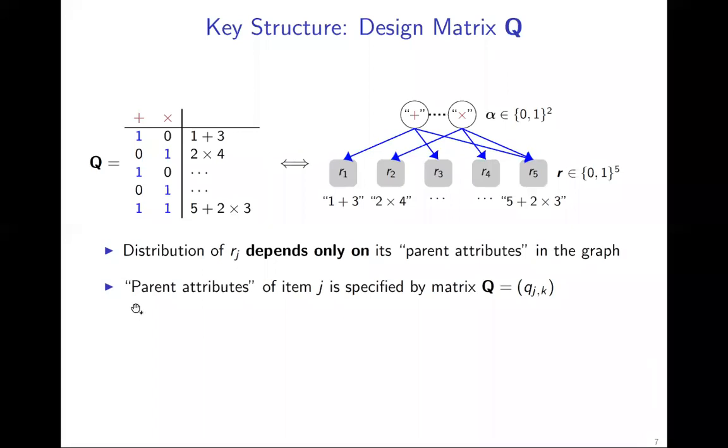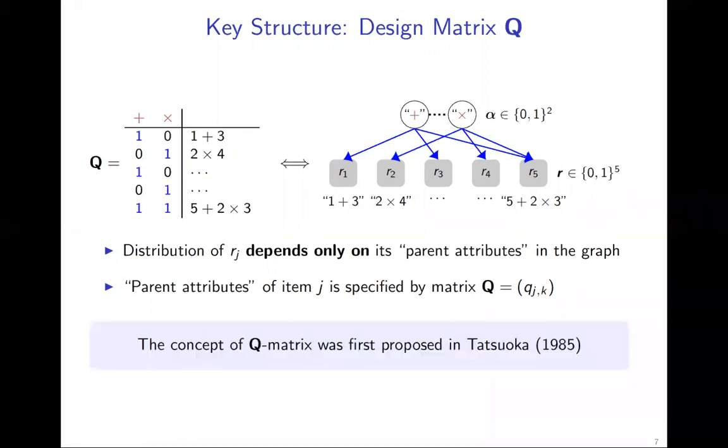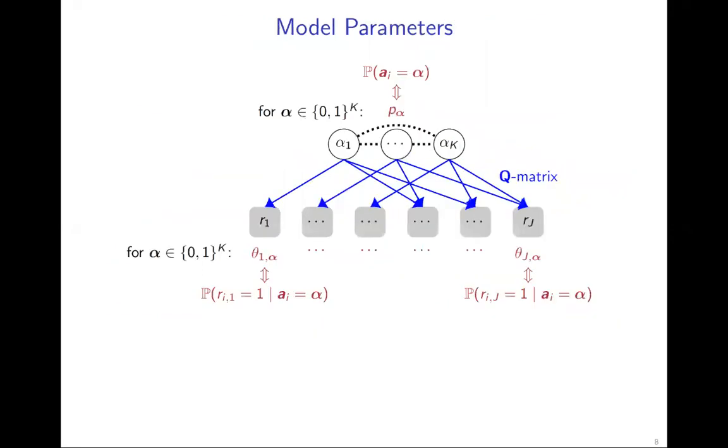And we should remember that the parent attribute information of each item j is specified by this Q matrix, with entry Qjk equal to 1 if attribute k is a parent attribute to item j. This concept of the Q matrix was first proposed by psychometrician Tatsuoka in 1985 and later gained popularity in many modern cognitive diagnostic models.